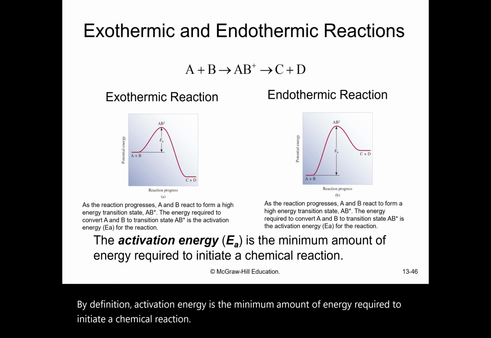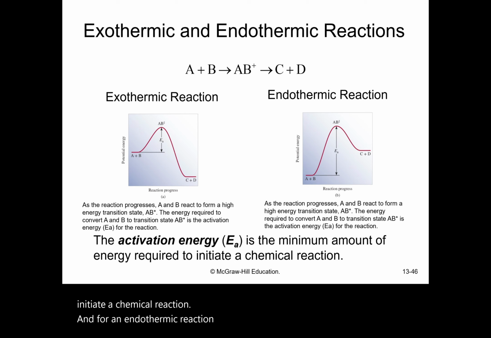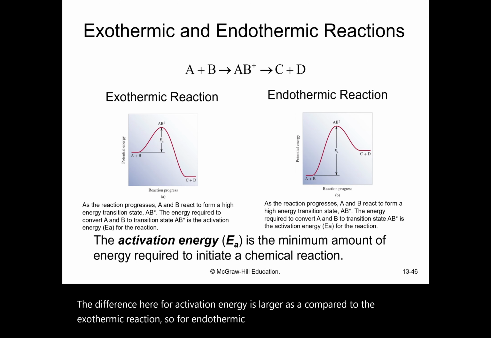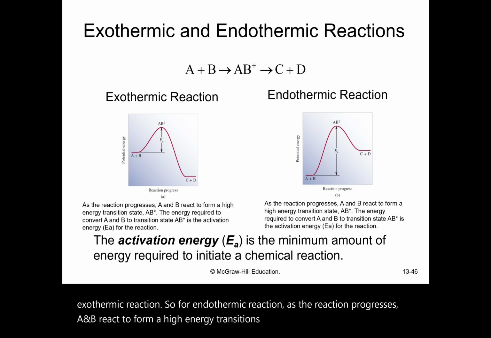And for the endothermic reaction, you guys see the difference here: the activation energy is larger as compared to the exothermic reaction. So for an endothermic reaction, as the reaction progresses, A and B react to form a high energy transition state.